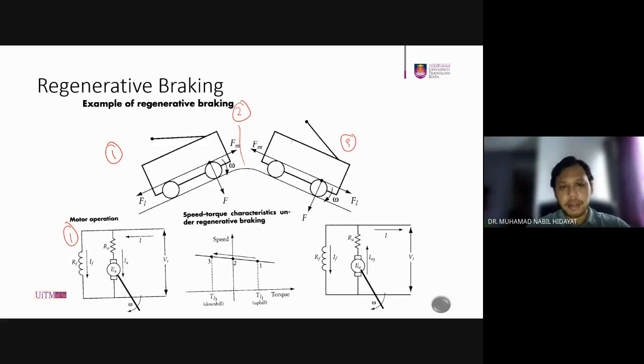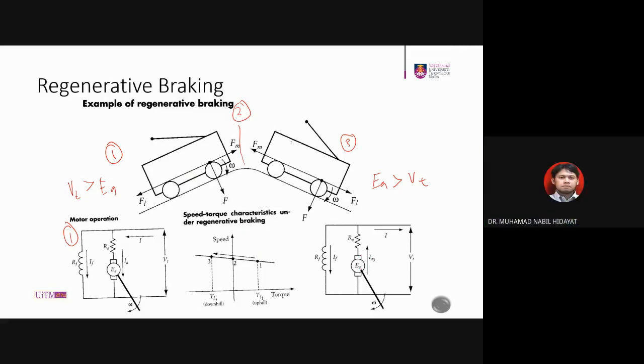your speed increases, and in this case your EA is higher than your VT. When EA is higher than VT, you have current flowing from the armature to the battery.